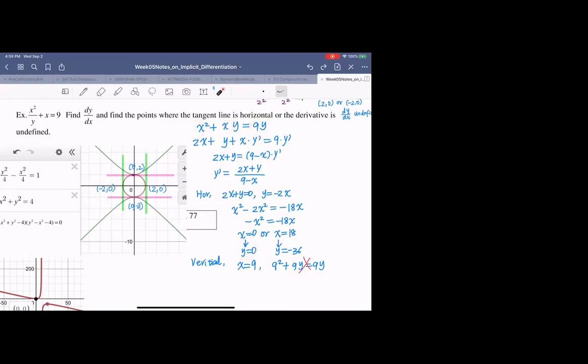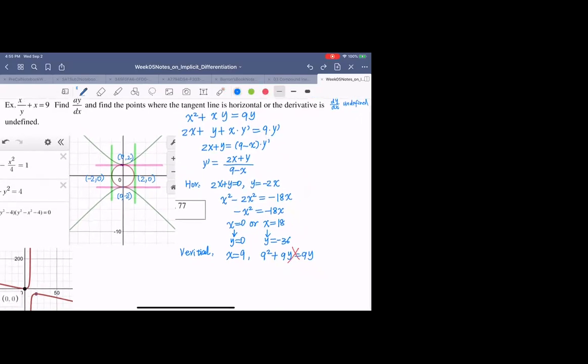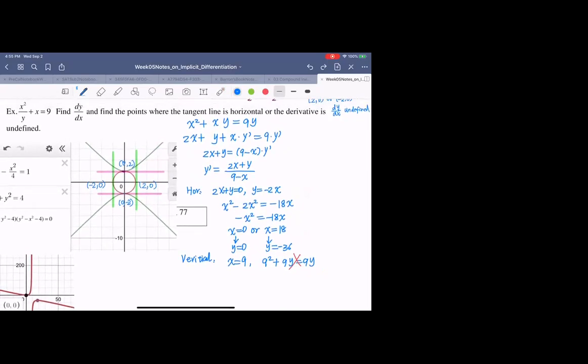Yes. Okay. When x is 18, you also plug in. So you do 18 squared plus 18y equals 9y.